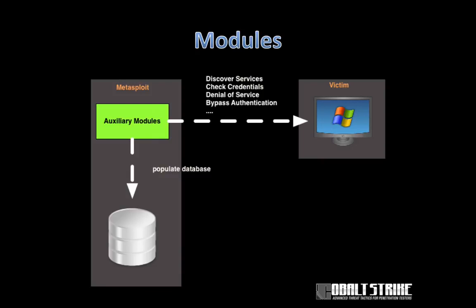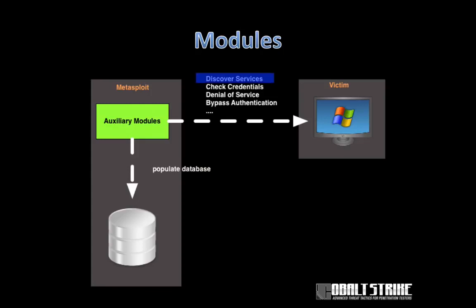Now let's talk about how those modules work together. Auxiliary modules are the miscellaneous toolkit of the Metasploit framework. If a module is not an exploit, if it's not a post module, if it's not a payload, it is by default an auxiliary module. For the sake of this slide, I just want to focus on a few of them. Some auxiliary modules can fingerprint a service, auxiliary scanner modules, for example.